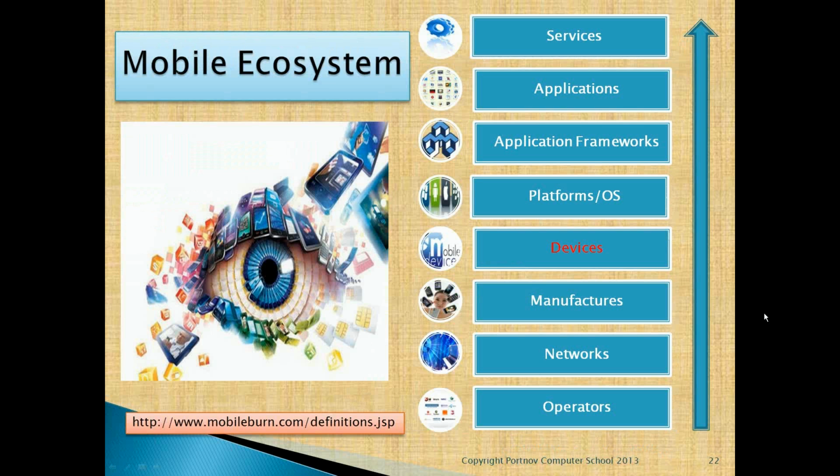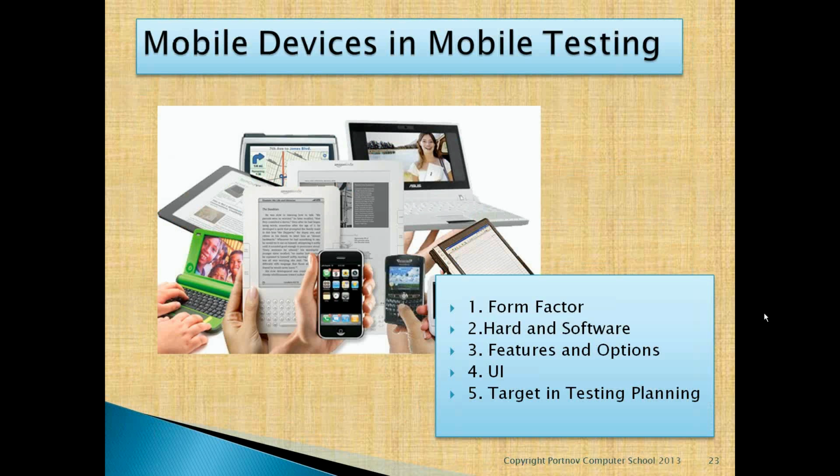Okay, so now we come to devices. A very easy and at the same time very complex point. Why? Because of how important mobile devices are in mobile testing. First we'll talk about form factor. It's actually not a very difficult term. I can give you examples.